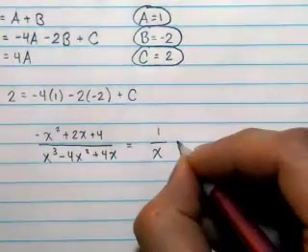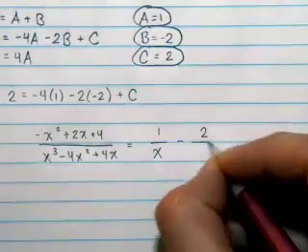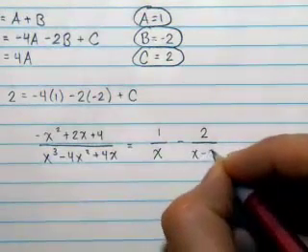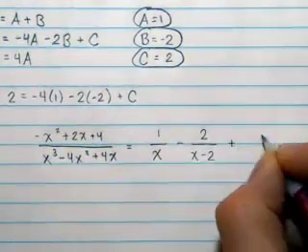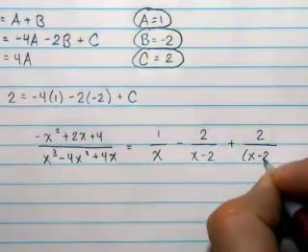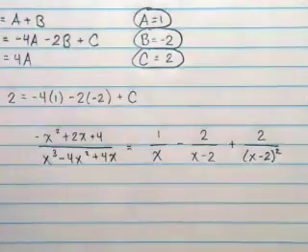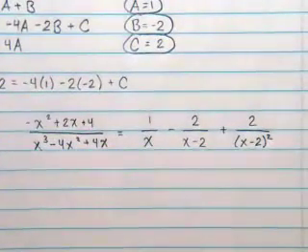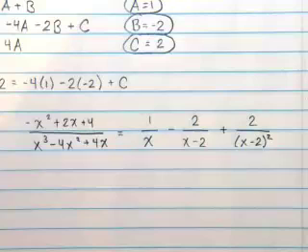B was negative 2, so minus 2 over x minus 2. And then C was a positive 2, so plus 2 over x minus 2 squared. There's the partial fraction decomposition for that one then.